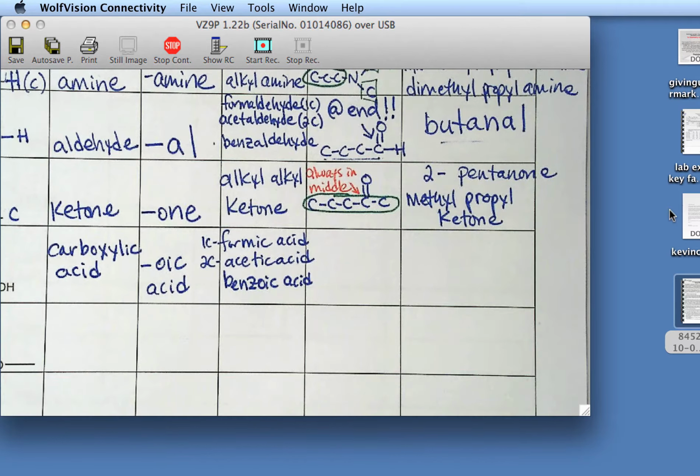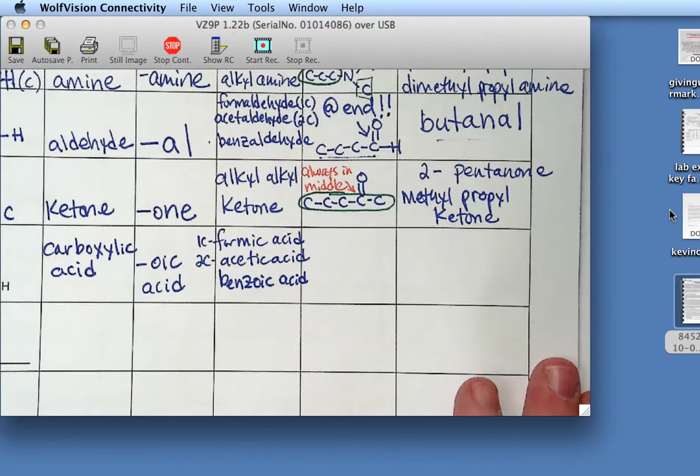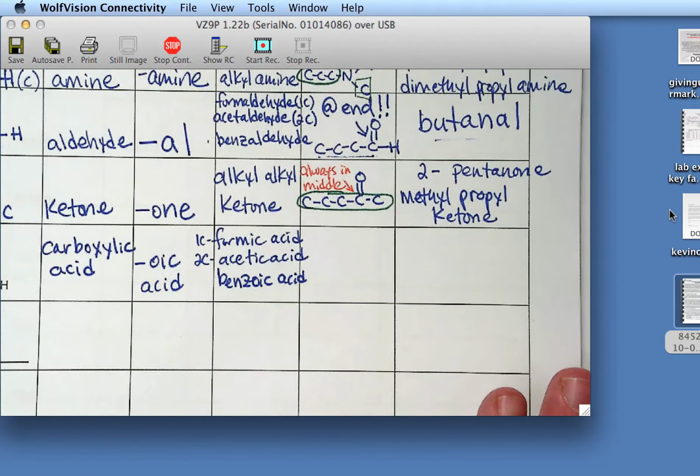Benzoic acid is an aromatic acid with a carboxylic acid. So it's a benzene ring with a C double bond OH coming off. The example I have.